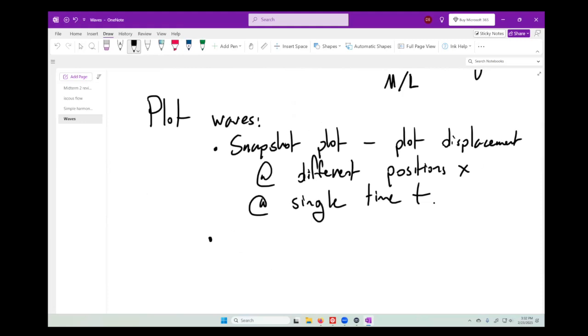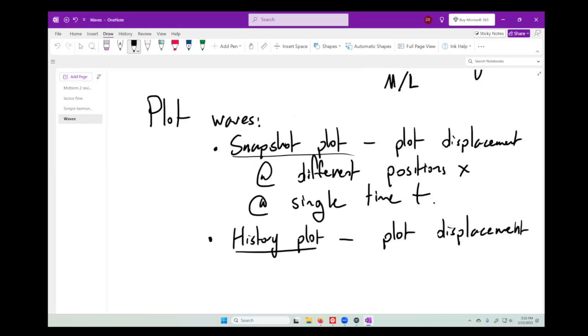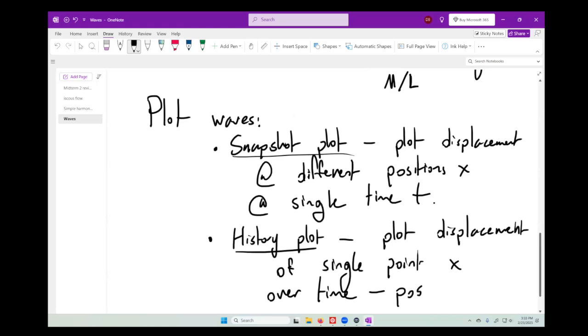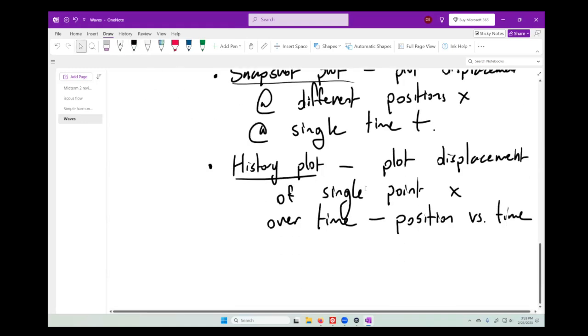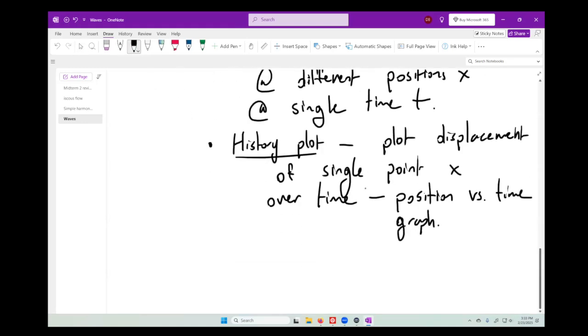Okay, so that would be like taking a snapshot of the wave. Or we can make a history plot, where we pick a single point along the string and we plot that over time. So in other words, we make a position versus time graph for that specific point.